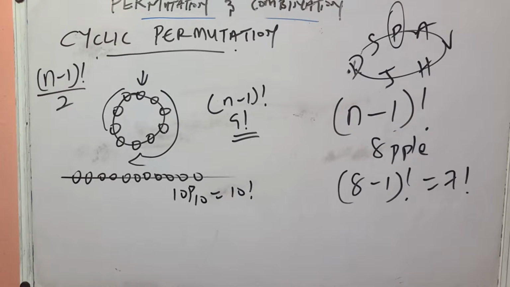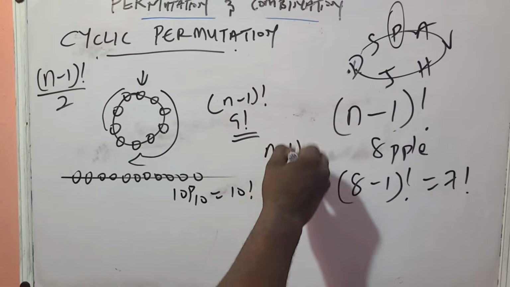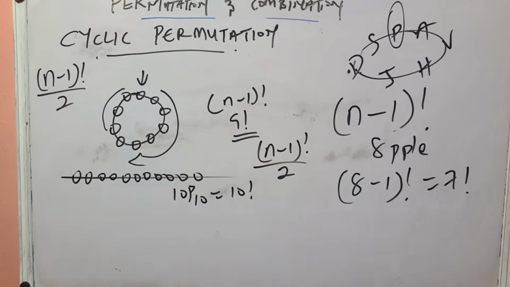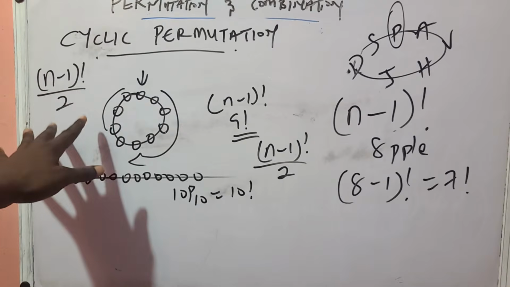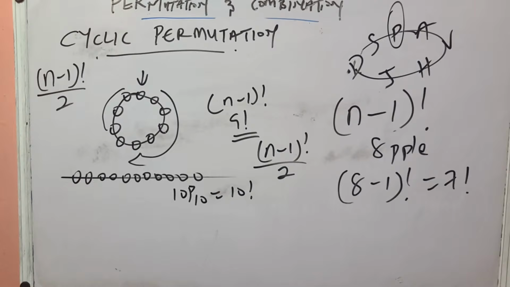So all I want to say here is that when you see beads being mentioned in your permutation question, beads, not circular table, just know that your permutation will be not just n minus 1 factorial, it will be n minus 1 factorial over 2. That's the general concept, all right? So if you have beads, I repeat, beads, this is how you solve it. You divide by 2.